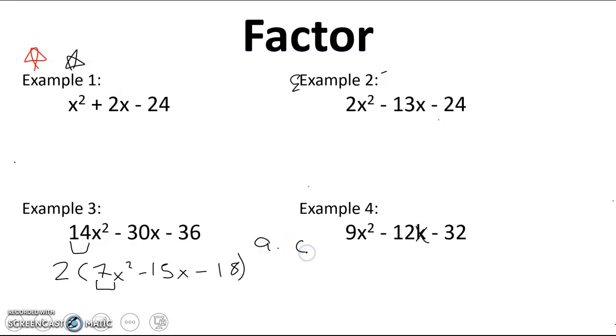Take your a value, which in this case is 7, the number in front of your x squared, and multiply it by your c value, which is your constant, the number without the variable next to it. 7 times 18 is going to be a negative 126. I'm going to write it down here. And again, if you want to set up your little diamond thing here, you can do that. So it's going to be a negative 126. And on the bottom there, it's going to be a negative 30.